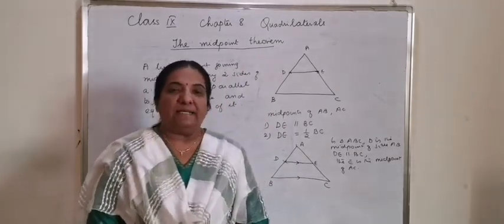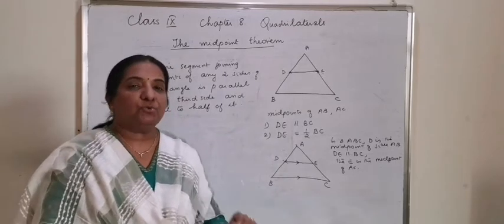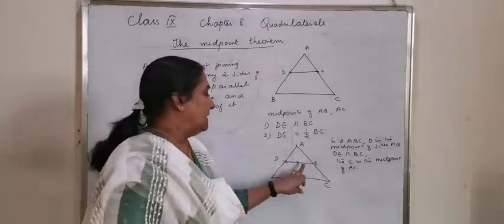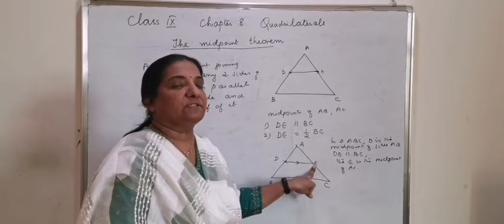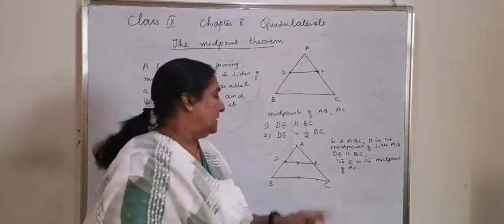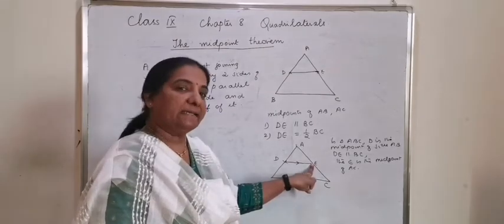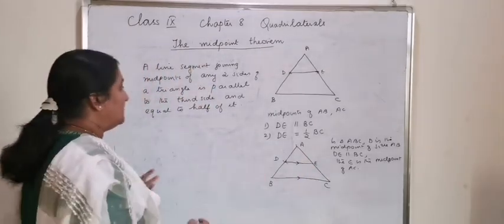You can draw a line parallel to the second side through that midpoint. That line meeting the third side, that point will be the midpoint, or the line is bisected by that point E. So what will be the converse statement?